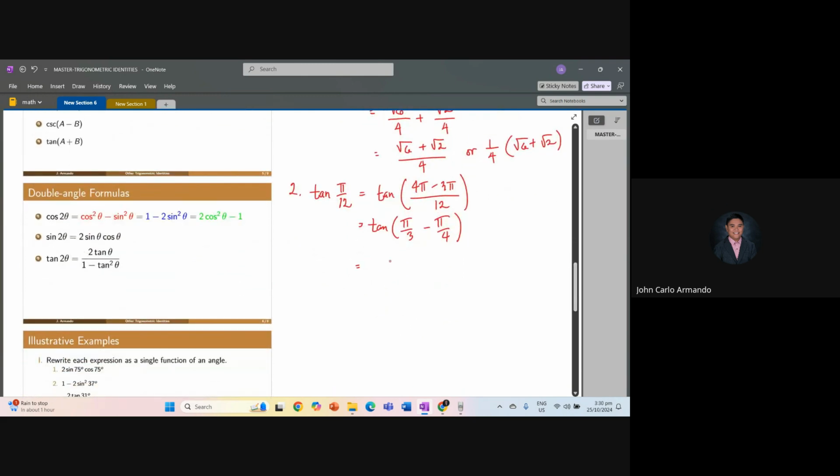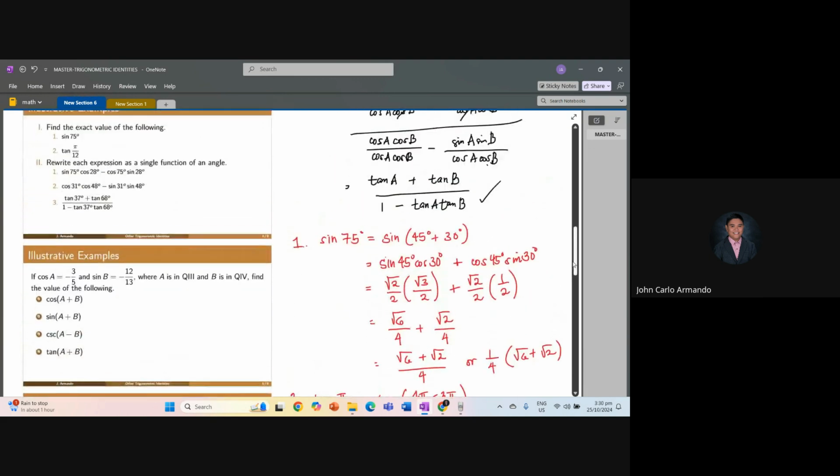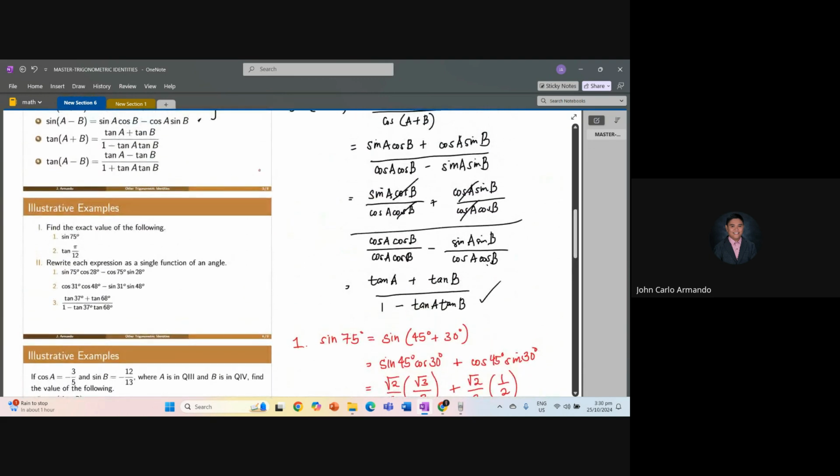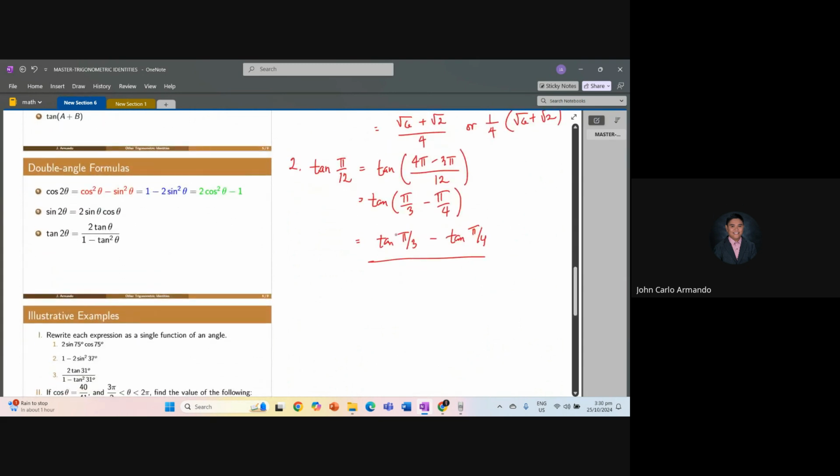And then using the formula, that becomes tangent pi over 3 minus tangent pi over 4, this one, formula number 6, all over 1 plus tangent pi over 3 tangent pi over 4. Okay?